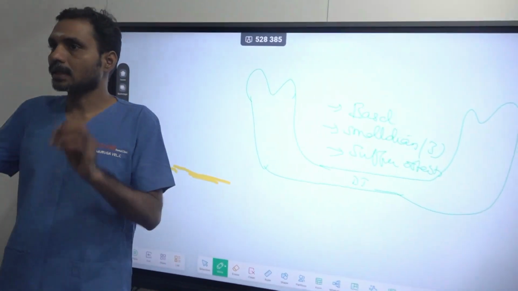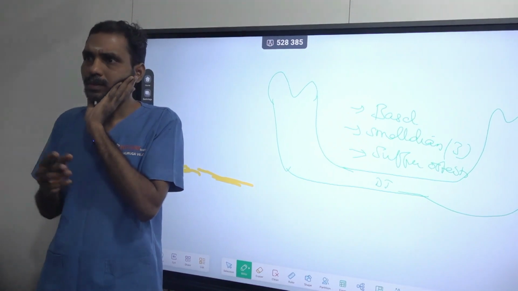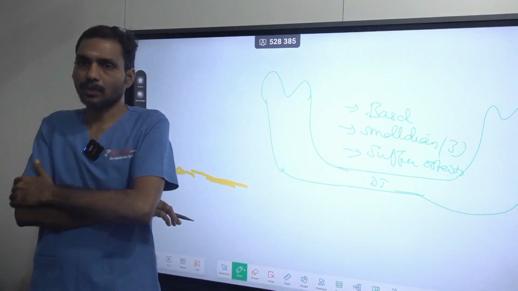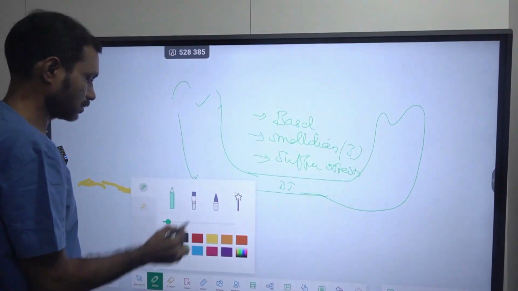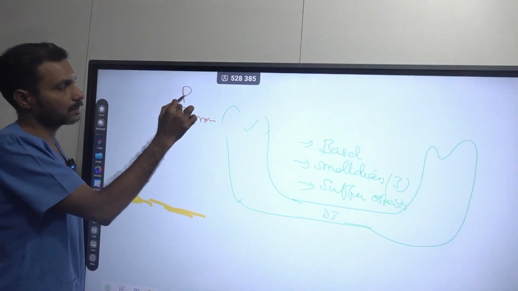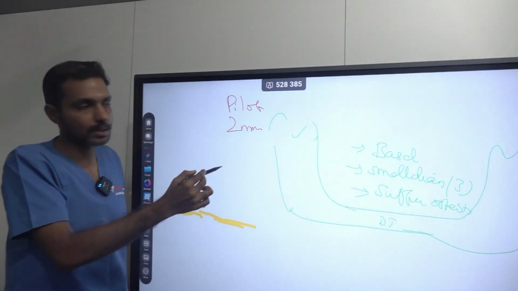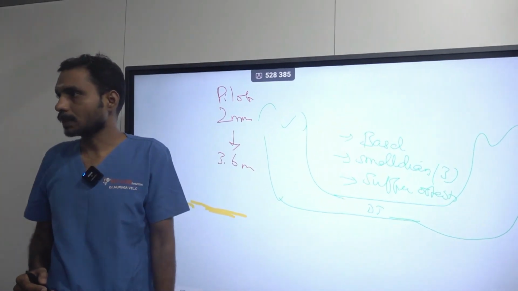Regularly we use a pilot drill, 2 mm parallel pilot drill, 2 mm twist drill, then a 3.6 mm basal you are placing.